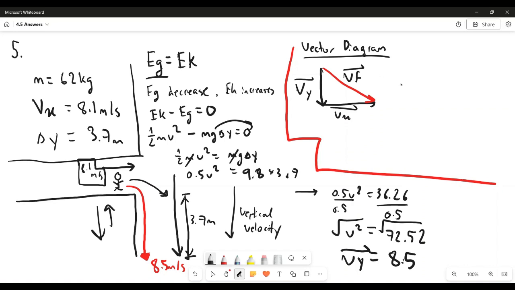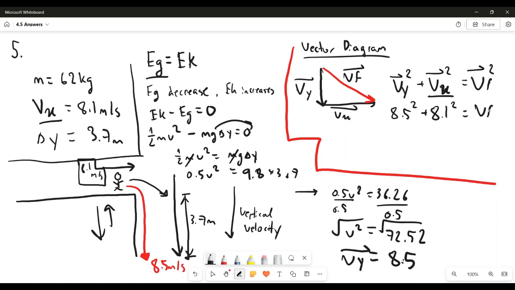So how do we find final velocity? Well, that is the Pythagorean theorem. Like so. And then we can simply plug in what we know. Over here, 8.1. And we know the final velocity. Well, actually, we don't know the final velocity. So we're going to have to find that.